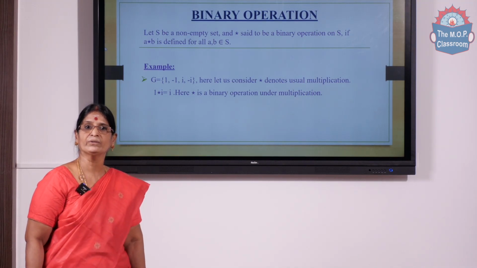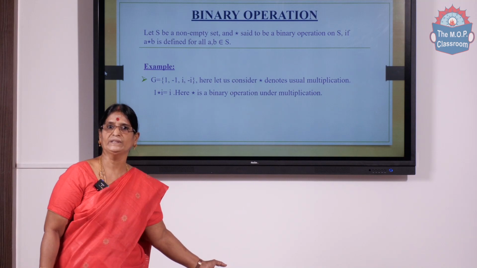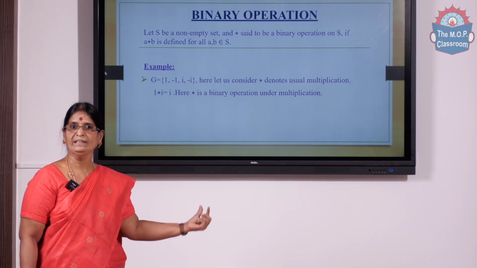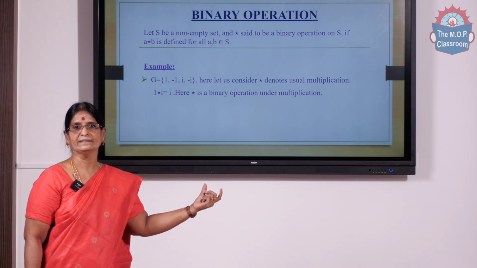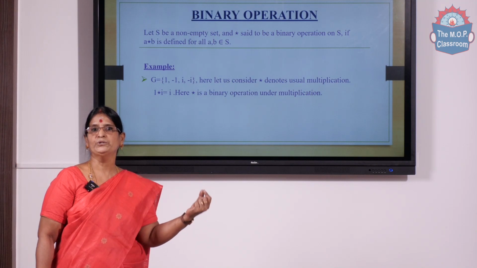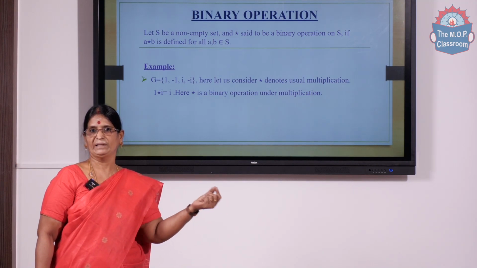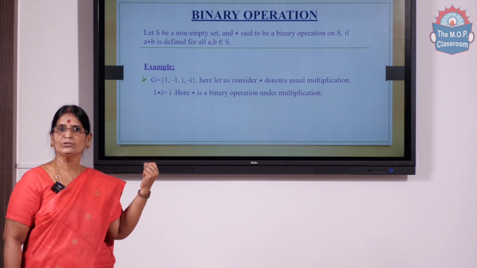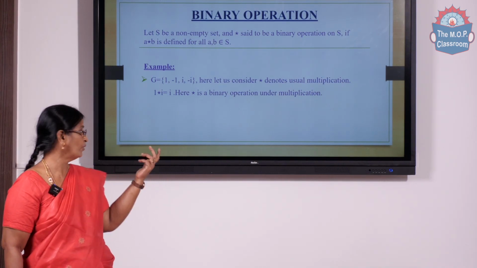For example, I have given one example. G consists of 1, minus 1, i, minus i. I am taking a non-empty set first. Here let us consider star as the binary operation. Here star denotes usual multiplication. We can call any two elements from the set G. So I am taking 1 and i.